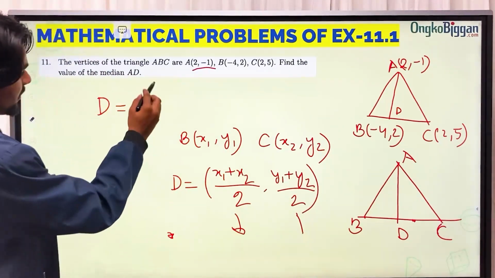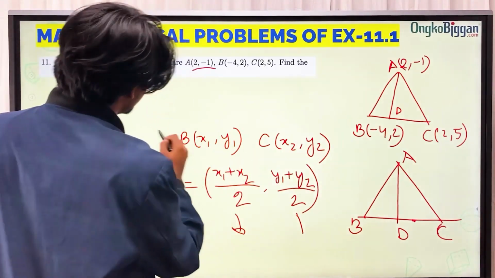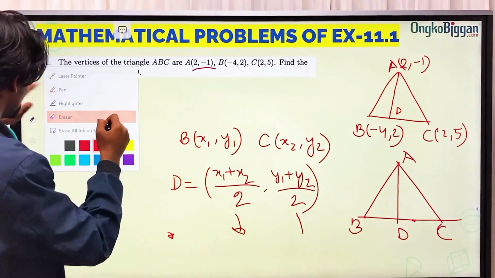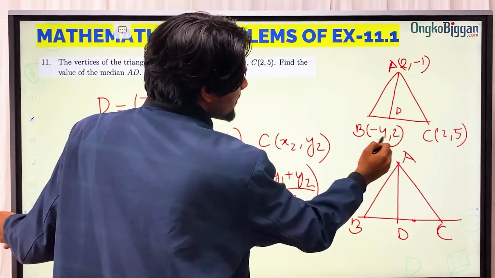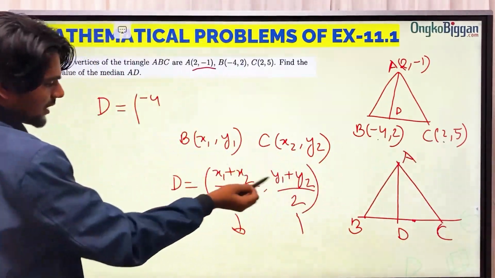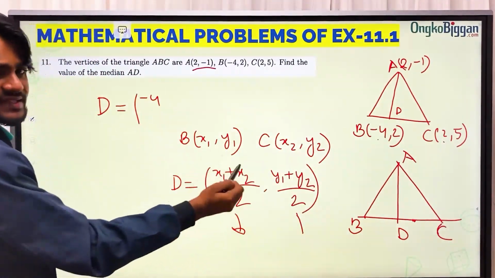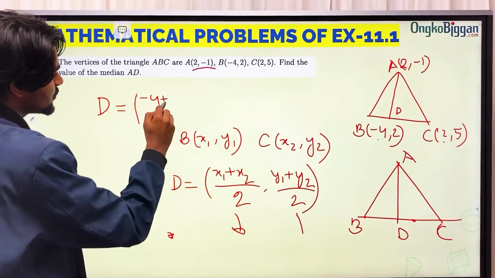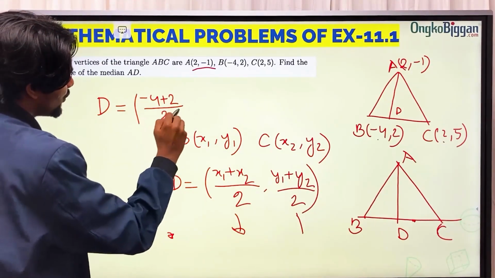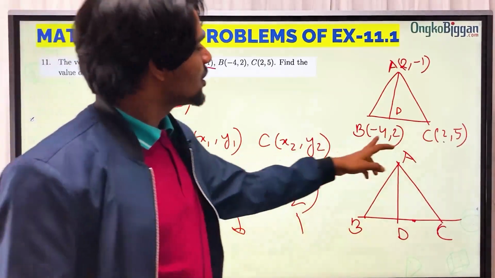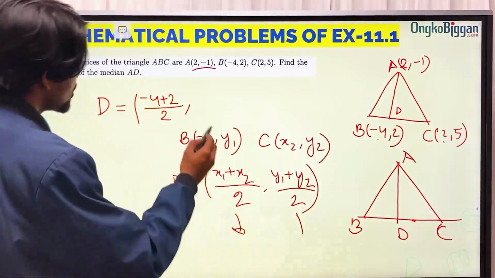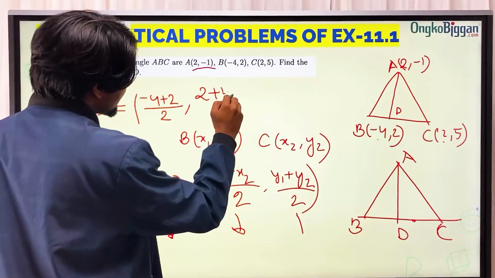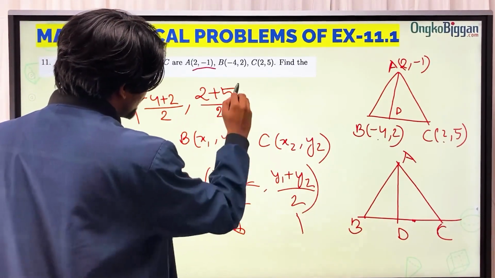So here the x values for B and C are minus 4 and 2. So x1 plus x2 will be minus 4 plus 2 divided by 2. Then 2 and 5 are the y values of B and C, so it will be 2 plus 5 divided by 2.